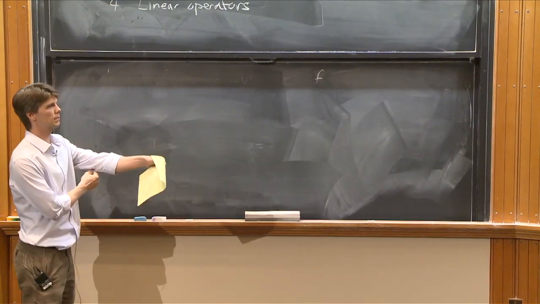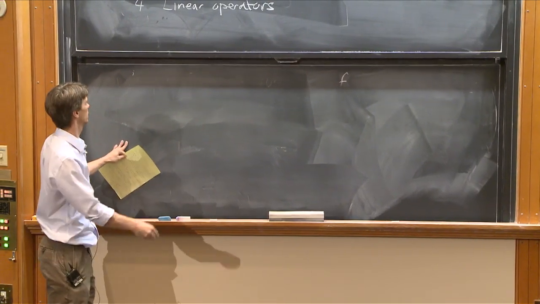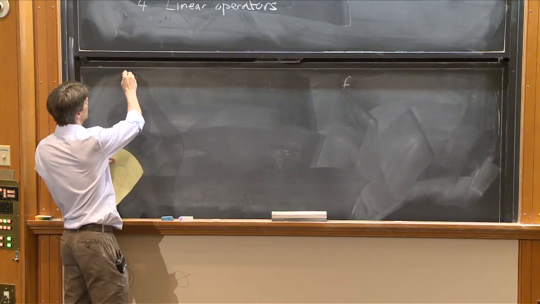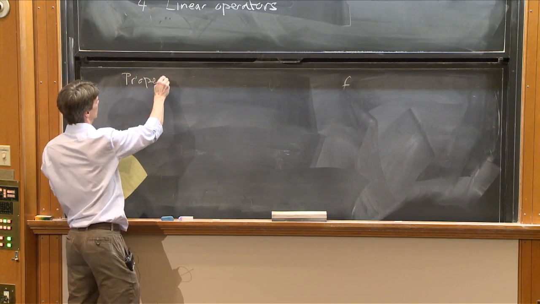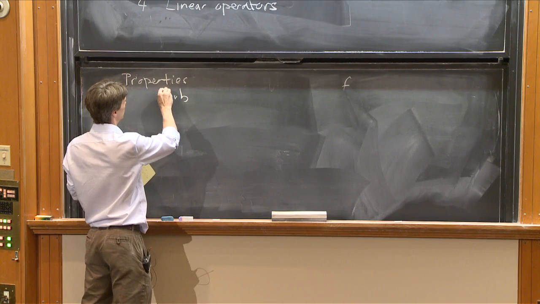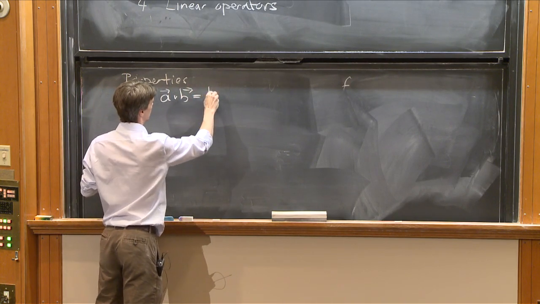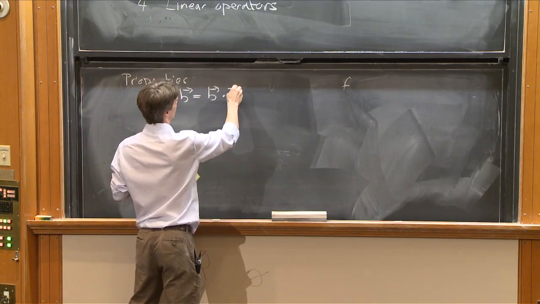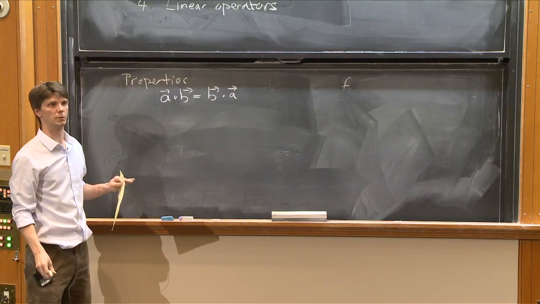So what do we know about this dot product? Well, we know some properties that it has: A dot B equals B dot A, so it doesn't care which order you give the arguments in, right?